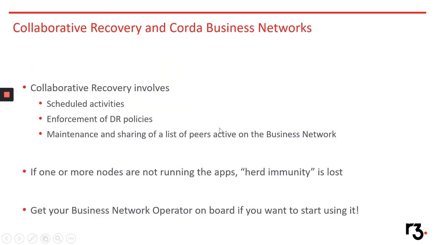One note on business networks. As we mentioned, there are lots of scheduled activities, specific policies around disaster recovery, and also the necessity to maintain a list of business network peers to make sure that collaborative recovery works correctly.